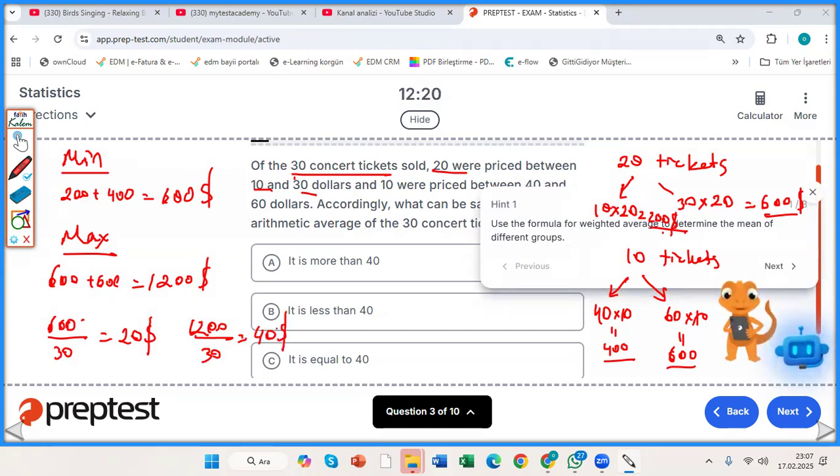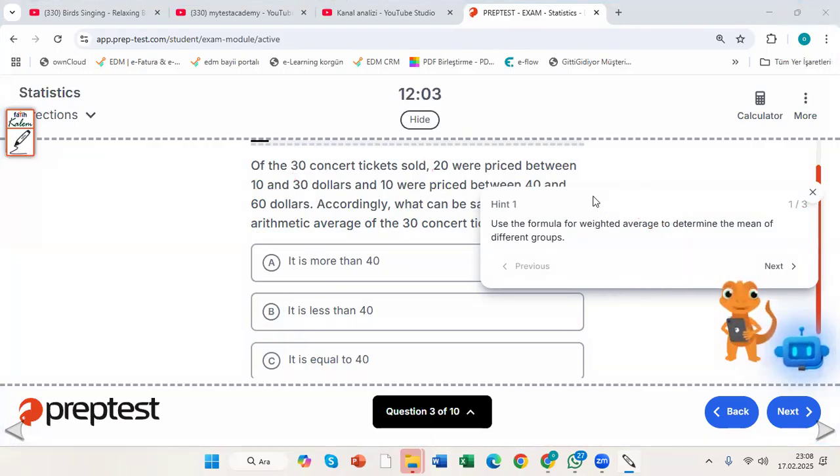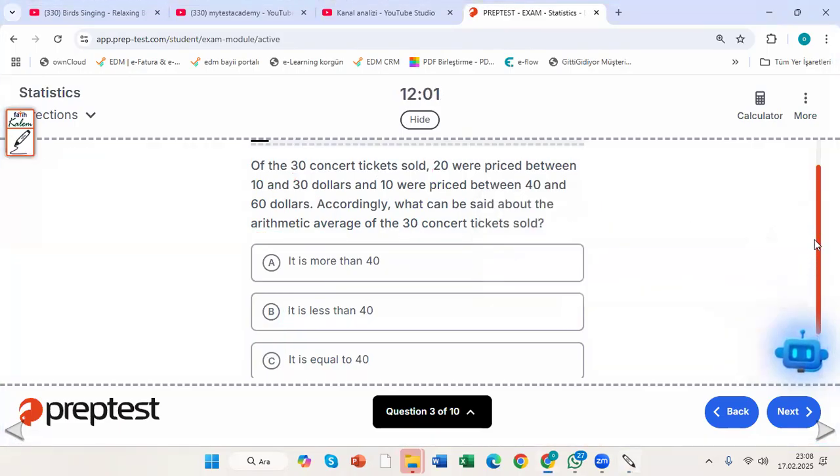So as you can easily realize, the arithmetic average of the money you can collect from those 30 concert tickets is between $20 and $40.